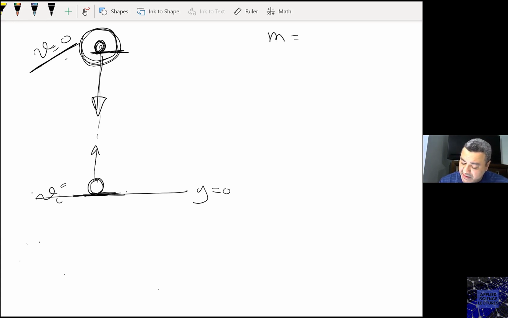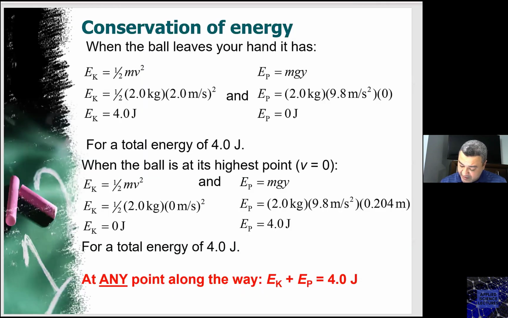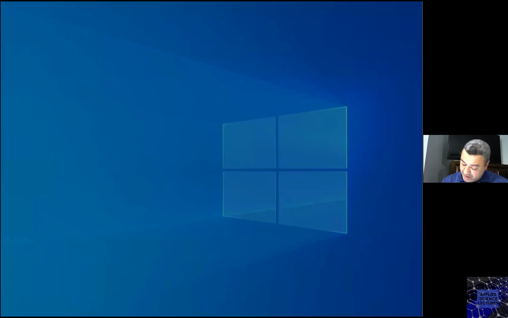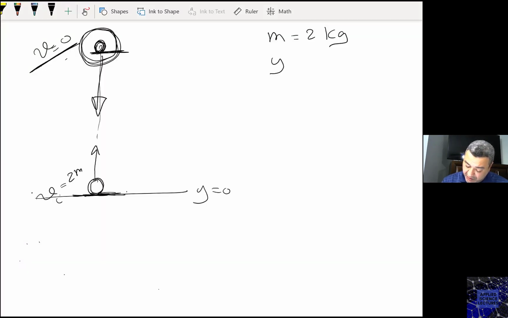I have the mass as 2 kilograms, the speed as 2 meters per second, and the maximum height is 0.204. So the speed here is 2 meters per second, and I have the height as 0.204 meter.